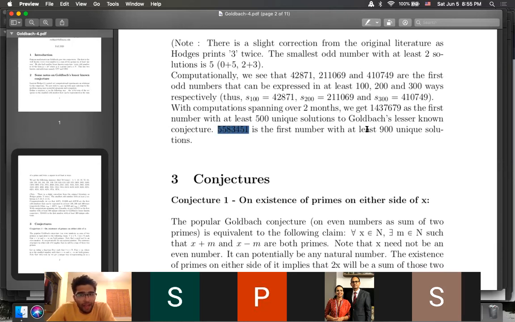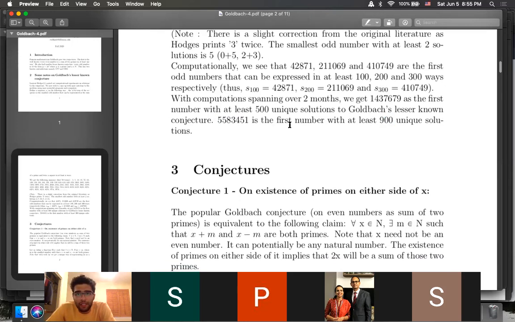Because if smaller numbers are having these many solutions, we might expect larger numbers to have a lot more solutions. The first number with 500 unique solutions is 1,437,679. So it just took something 5 times bigger to have 900 unique solutions. So technically the growth rate of the number of solutions is also relatively fast.